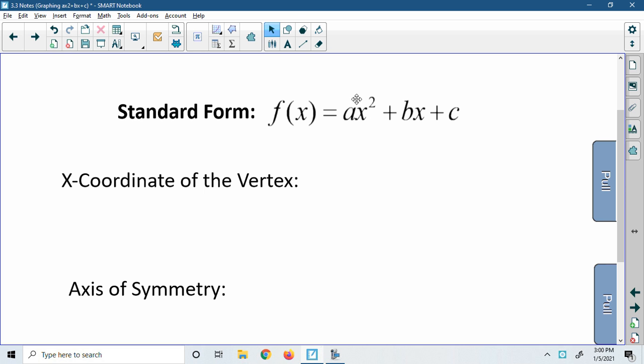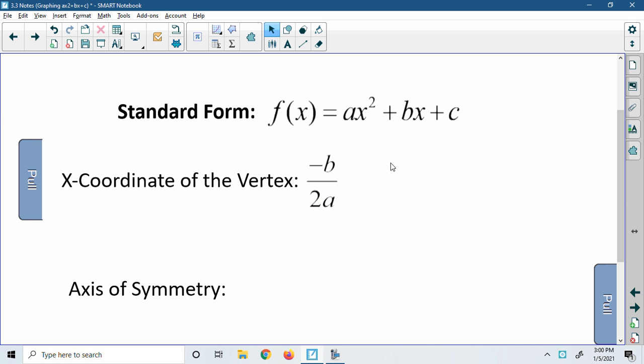If you have a quadratic function that starts out in standard form, you can still graph it. It's maybe not quite as easy as when it was in vertex form, but it still works pretty good. To find the x-coordinate of the vertex, here's the formula. You do negative whatever your b number is divided by 2 times whatever your a number is.